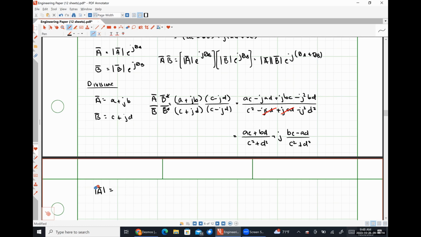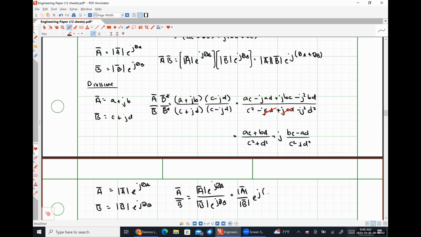A is equal to the magnitude of A, e to the j theta A. B is equal to the magnitude of B, e to the j theta B. A divided by B is the magnitude of A, e to the j theta A, over the magnitude of B, e to the j theta B, which is the same as the magnitude of A divided by the magnitude of B, e to the j (theta A minus theta B). I got done with a whole minute to spare.